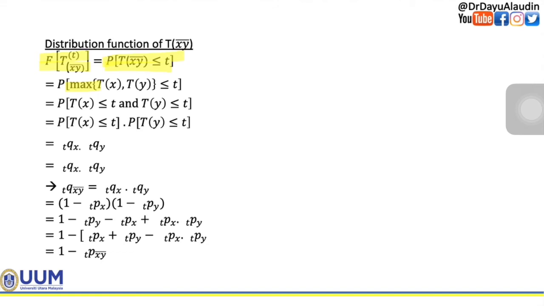So the difference is, if we write down in terms of the probability of death, it is TQX times TQY. So the first equation. And then if you want to write down in terms of TPX, it becomes 1 minus TPXY.